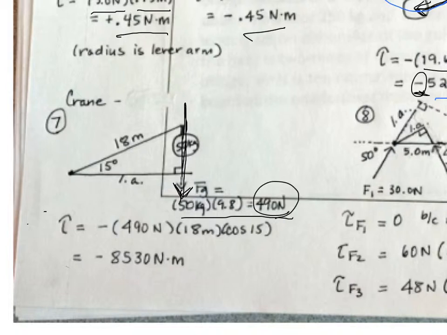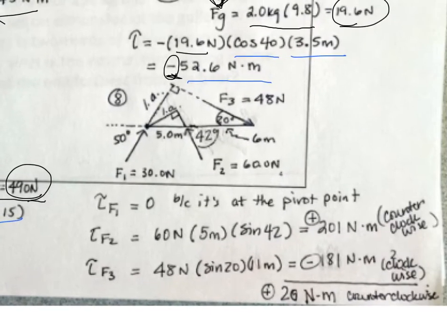Lever arm. Well, here's the force vector. I'm going to go from the pivot point, come across like this, hit that with a 90-degree angle. That's my lever arm. So 490 times 18 meters times cosine of 15, and negative torque.